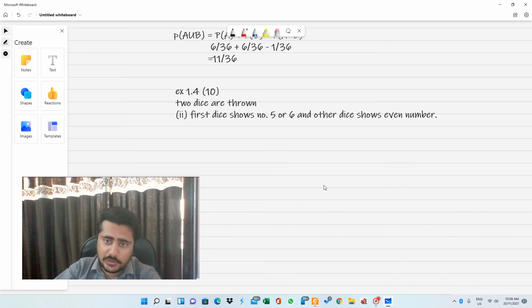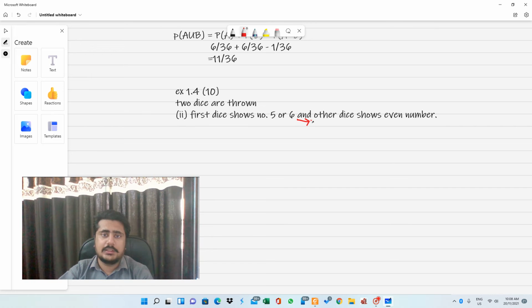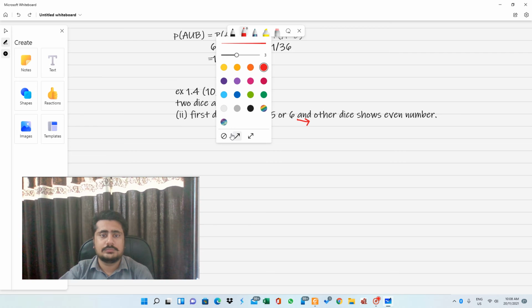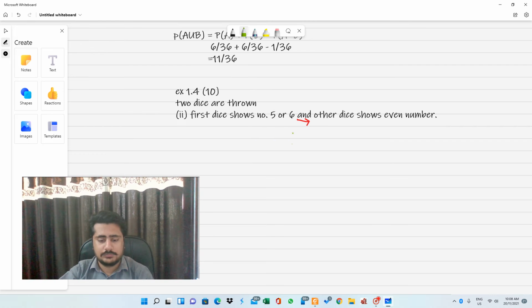See, if I solve this sum directly, then it is very easy sum. But we will solve with a particular method. This method is something like this.